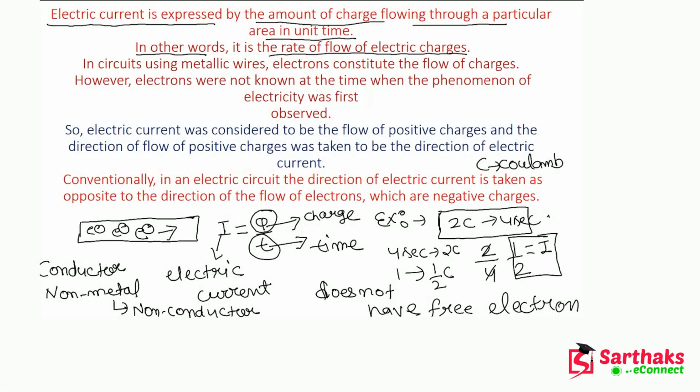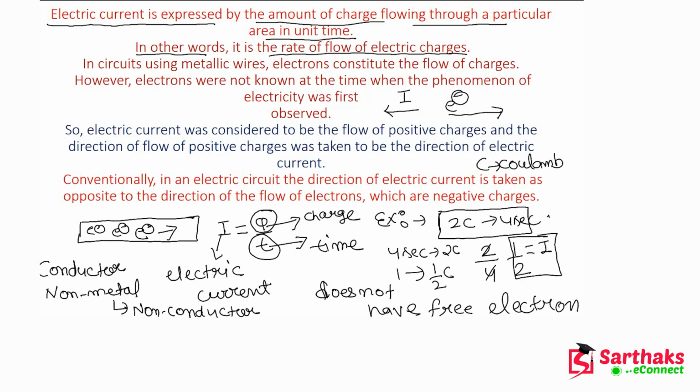So let's suppose this is your electron, and it is flowing in this direction. Now you tell me what is the direction of electric current. In this case, the direction of electric current is this.